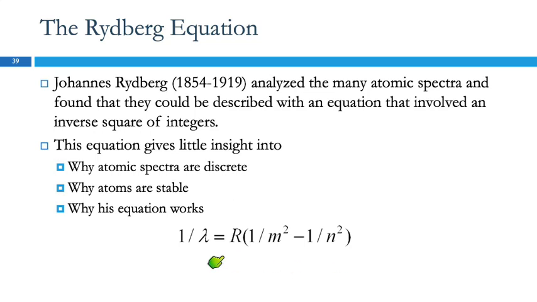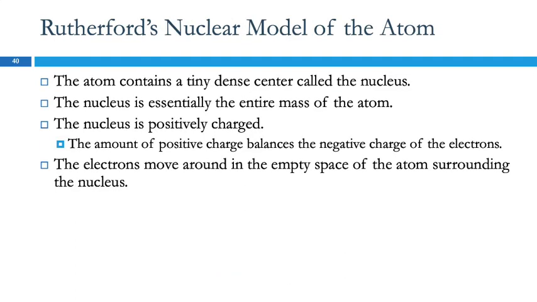So this is his equation: 1 over the wavelength is equal to R times (1 over m squared minus 1 over n squared). That works to describe the relationship of the wavelengths that you observe, and m and n are different integers. Doesn't explain anything, though.